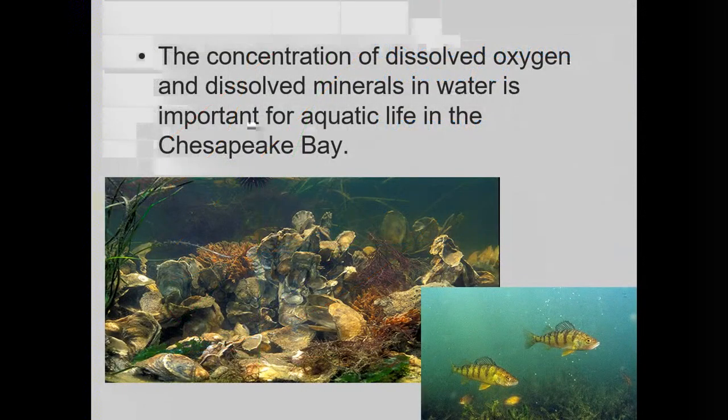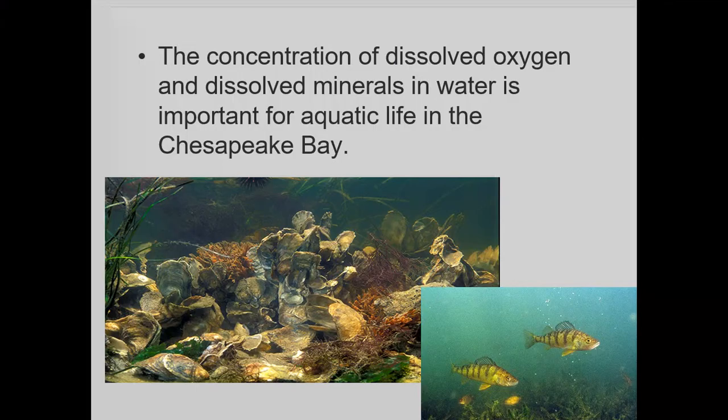So, one thing to consider is that the concentration of dissolved oxygen and dissolved minerals in the water is very, very important for aquatic life. One of the things about the Chesapeake Bay that's interesting is it's an estuary, which means close to the ocean, it is very salty, has a very high salinity, and up towards the north, where the rivers are coming in, it's very, very freshwater.